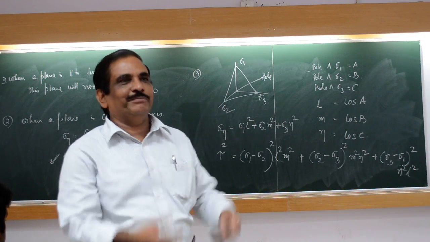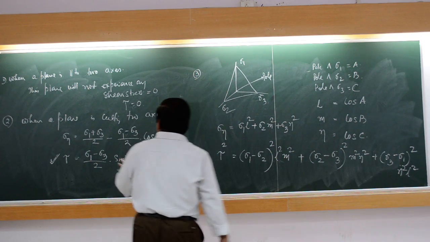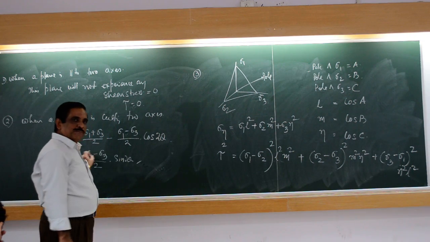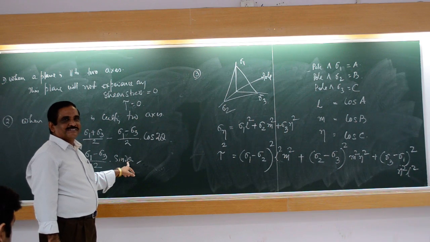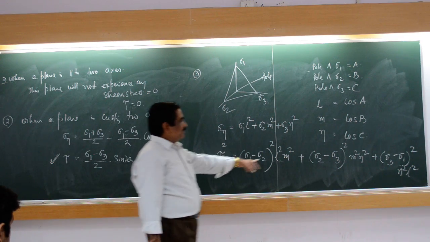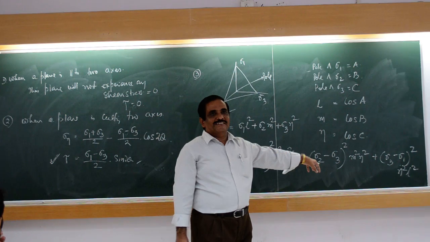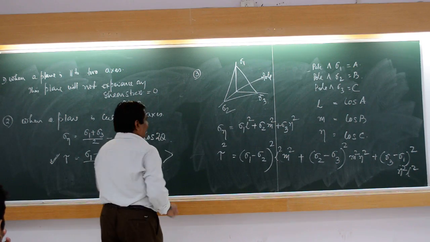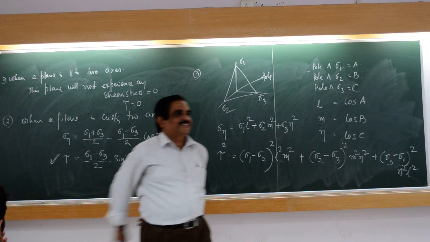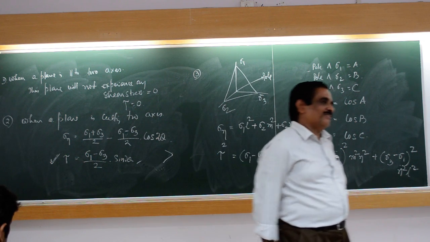I will give you a physical meaning to this formula. But if you put some values, na, sigma 1 some values, sigma 3 some values, and this theta some values. Similarly, you will explore this one. You will find this value is greater than this value. Understand this.